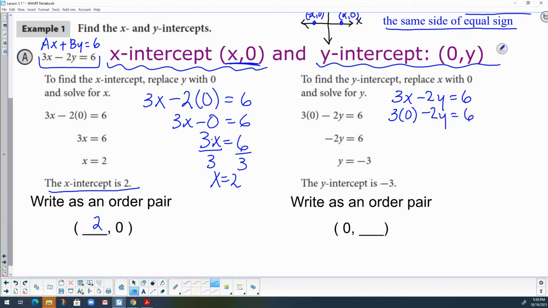Bring everything down, and this just simplifies out. Now I'm going to divide by that -2. So y then is equal to -3. My y-intercept is -3, and if I wanted to write that as an ordered pair, I would say (0, -3).